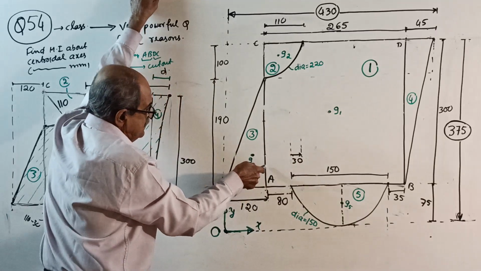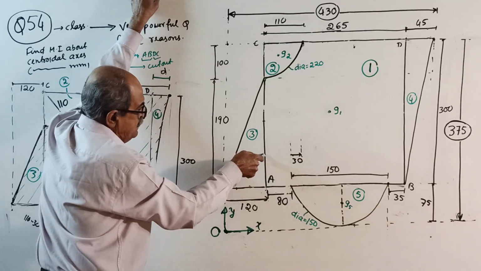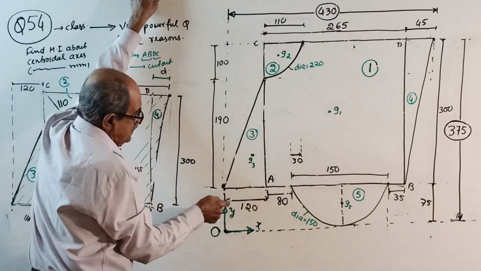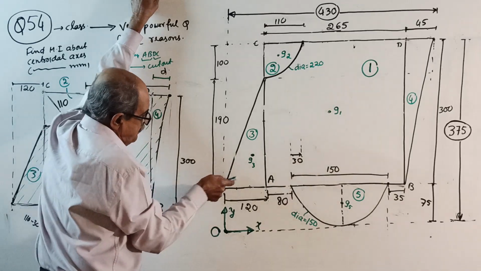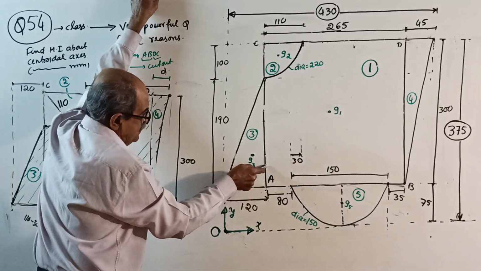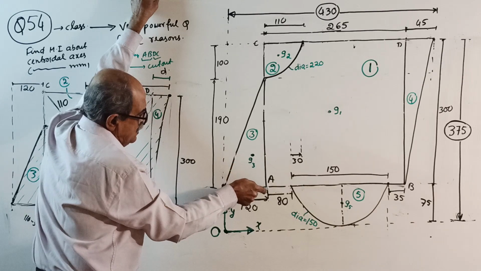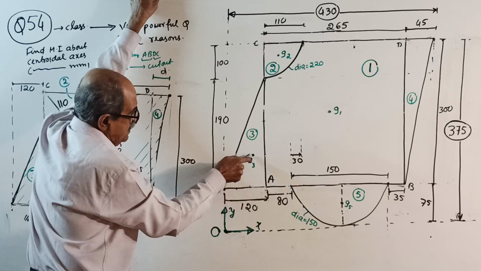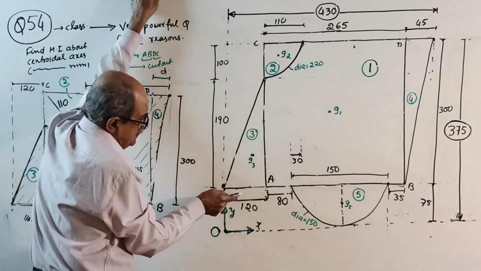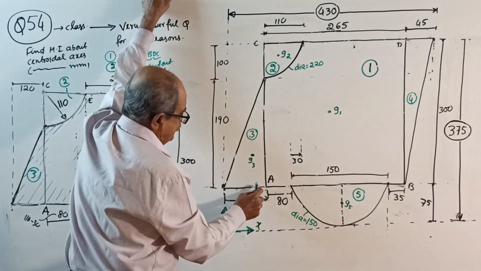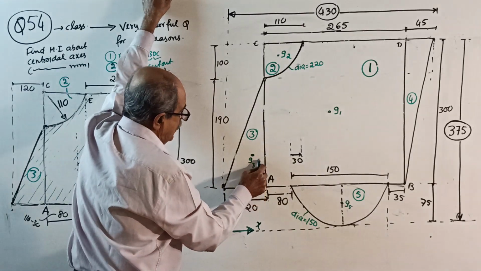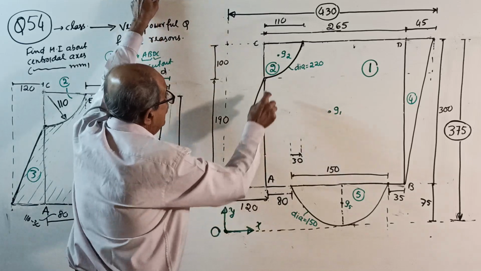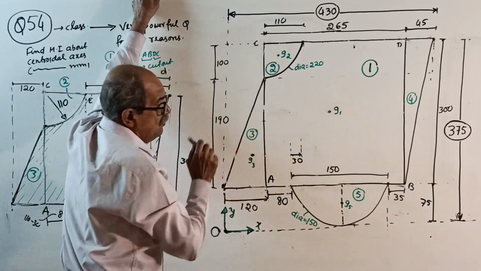Now, this is 1 by 3 of 120. From here, if there is a marking there, you mark here. See, 1 by 3 of 120, 2 by 3 of 120, whereas 1 by 3 of 190, 2 by 3 of 190.